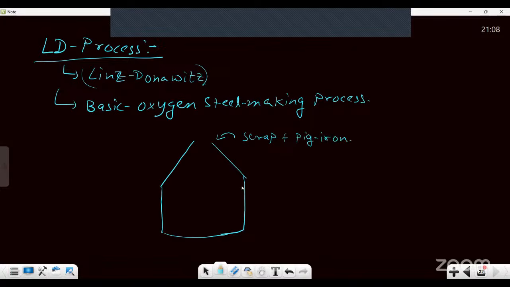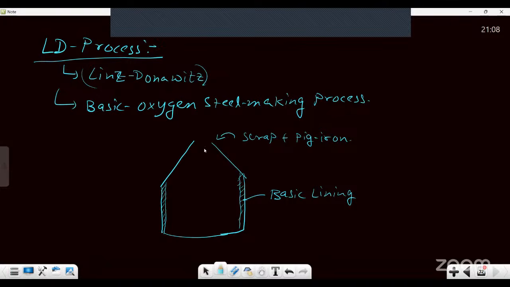And the converter lining is basically basic. In the LD process, you have the basic lining because it's a basic steel making process.